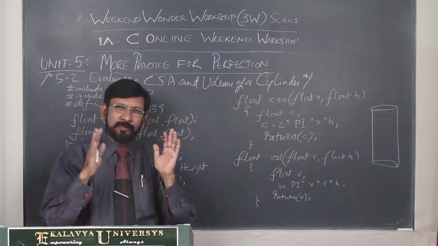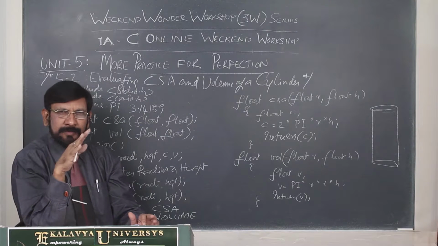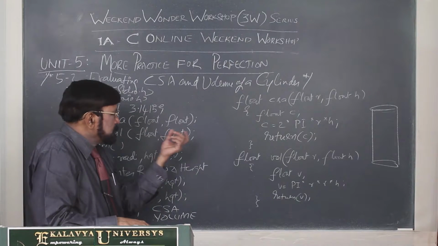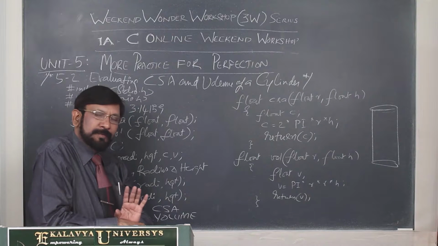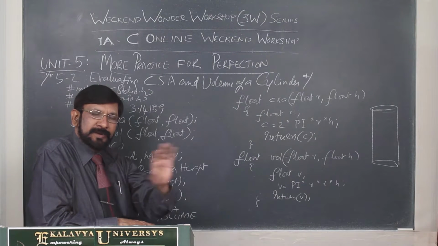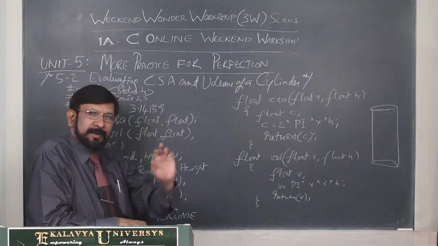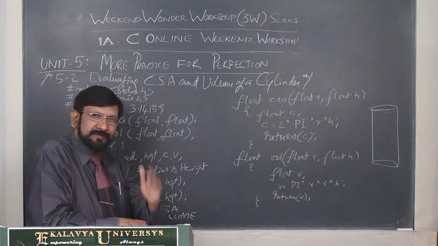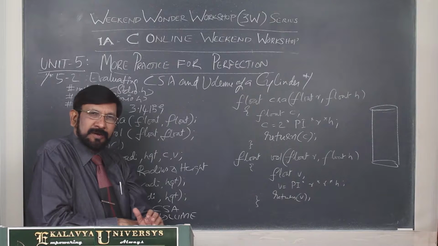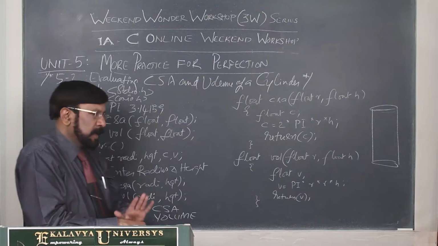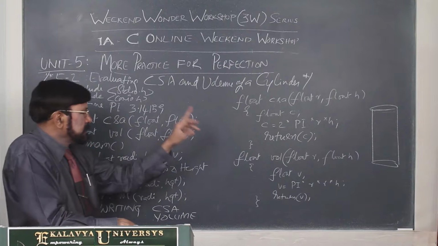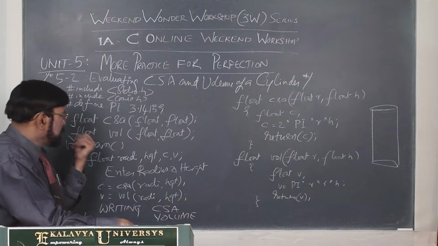At this stage, I don't want to overburden you with formalities, which is why I am using simple names. Once you go to Java, no compromise. You have to give complete names for everything, and there are very strict conventions. You must obey the conventions and write code. However, for the sake of simplicity, I am simply using CSA and volume.